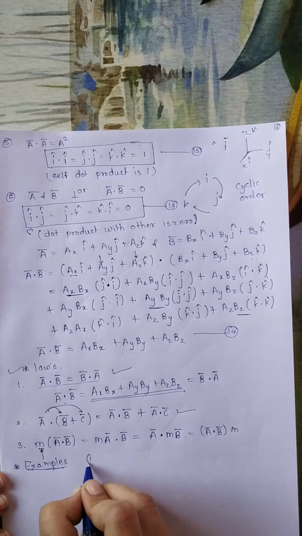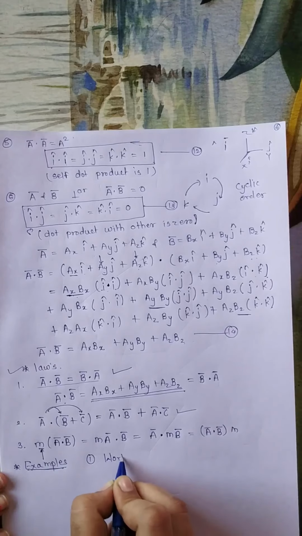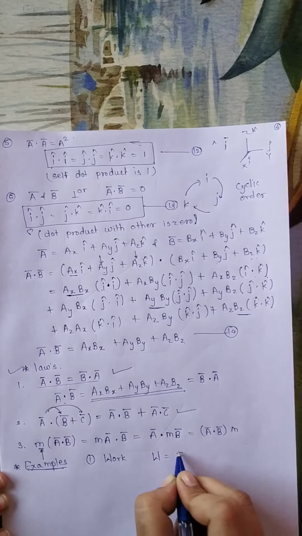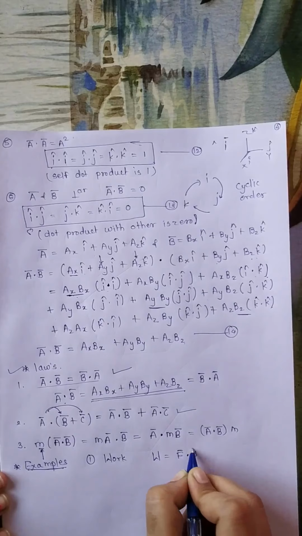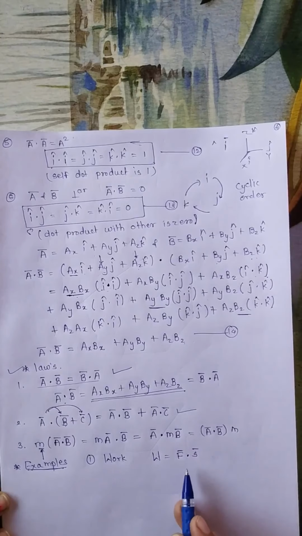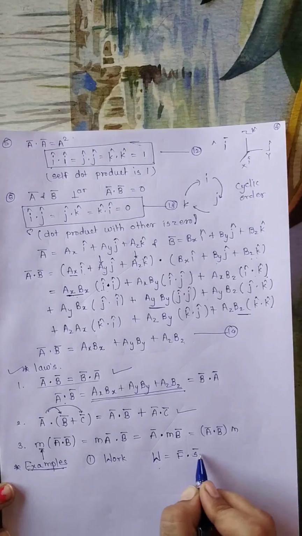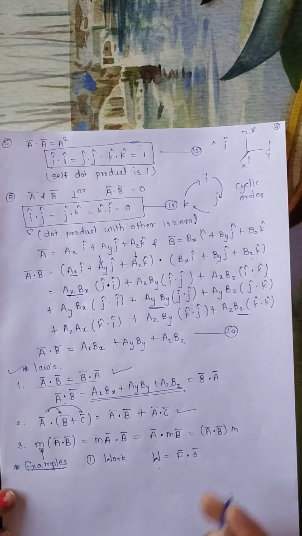For example, work is a scalar quantity. So work is taken as the dot product of force and displacement, where F is force and S is displacement. And since work is a scalar quantity, it is taken as the dot product of force and displacement.